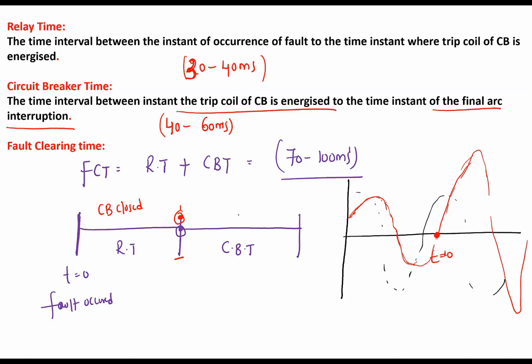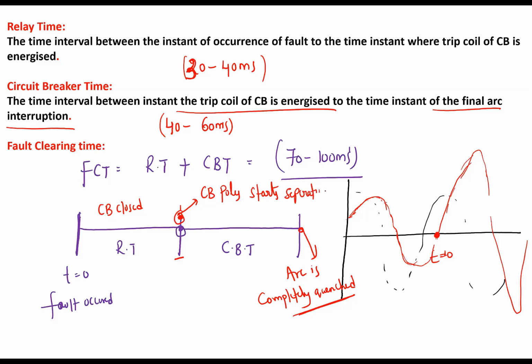After this, the arc is formed, and the point when the arc is completely quenched is the end of the circuit breaker time. Understand? So that is how the system works.